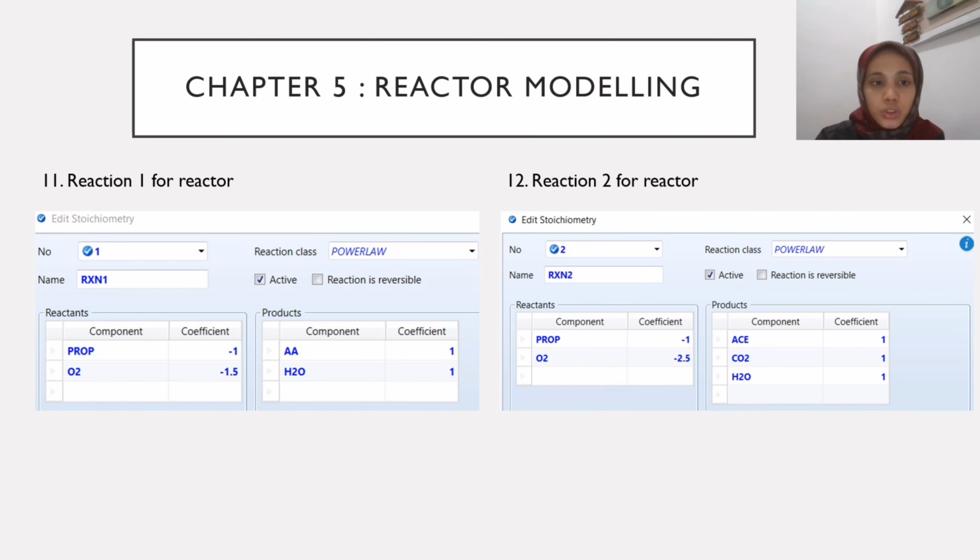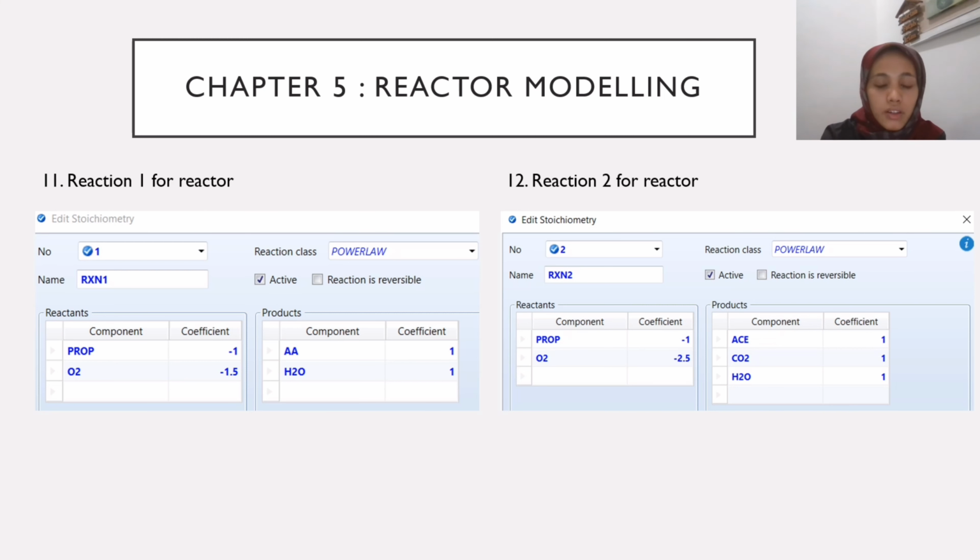We move to reaction 1 for the reactor. There are 3 reactions with respective stoichiometry in the configuration tab. For reaction 1, the coefficient of propylene is -1, oxygen -1.5, and the products are acrylic acid 1 and water 1.